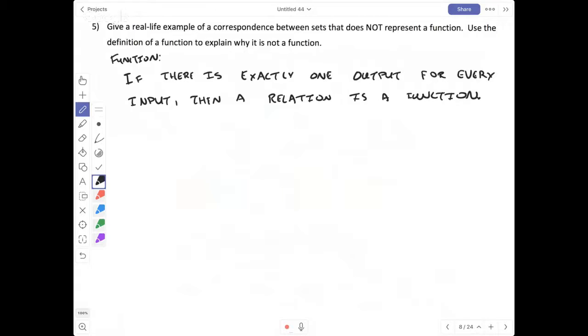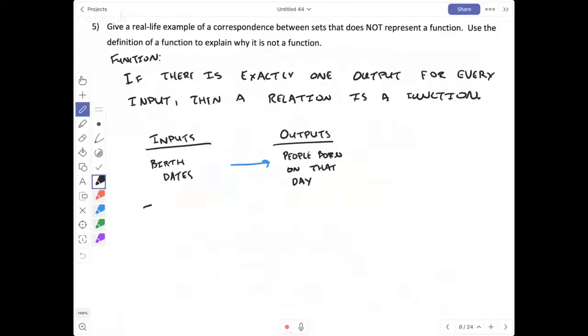So we'll say inputs, birth dates, outputs, people born on that day.